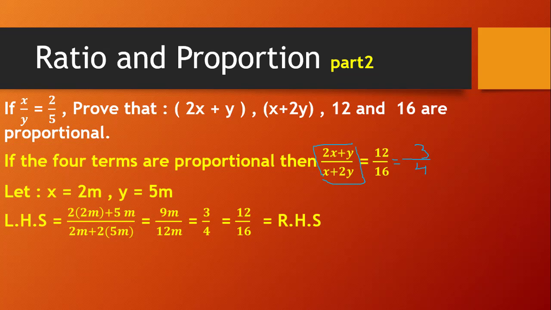Here we have 4 plus 5 equals 9, so I have 9m over 2 plus 10 equals 12m. Then I simplify, so m divided by m is 1. Here I'll divide by 3, it will be 3 over 4. 3 over 4 is the same as 12 over 16, and this is what we want to prove.